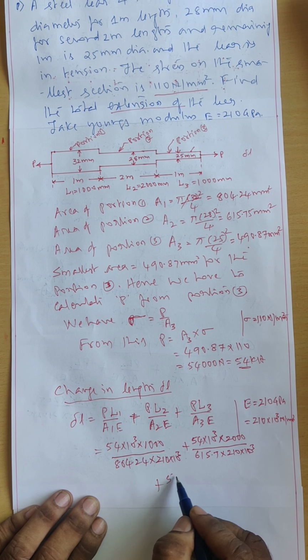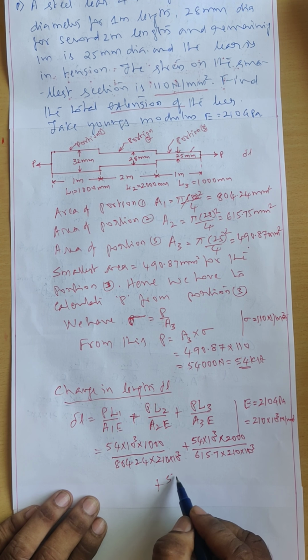Now we will see one more problem in this. It is the last problem here. It is given a member formed by connecting a steel bar to an aluminium bar as shown in the figure.